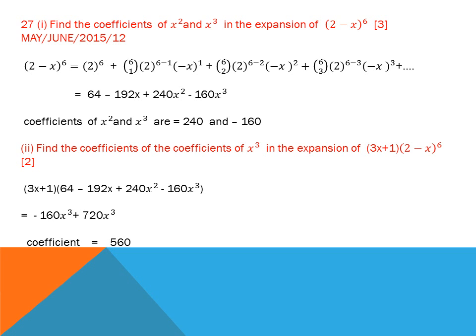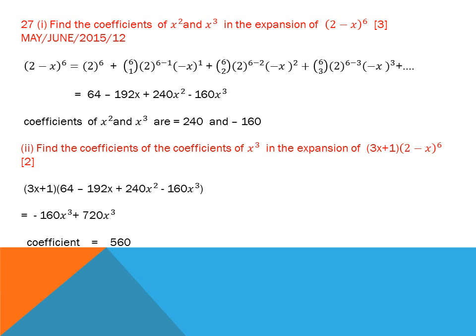Because we need to expand till x cube here. When I simplify this, it will become 64 minus 192x plus 240x square minus 160x cube. Here 61 means 6c1. You should use a calculator to find 6c1 and 6c2 and 6c3 here. So the coefficients of x square and x cube are 240 and minus 160.